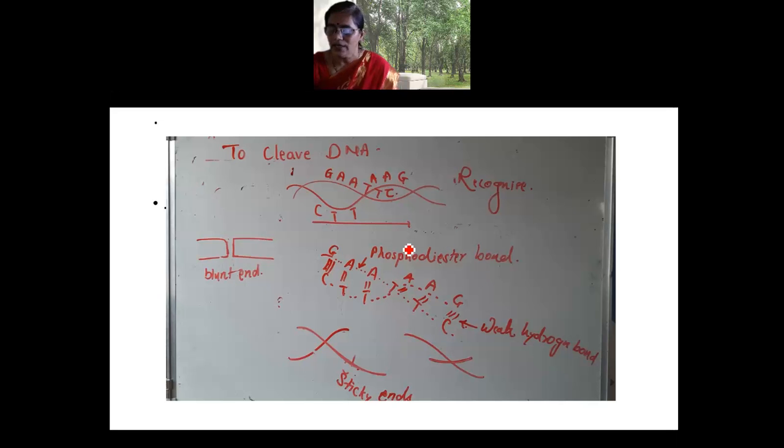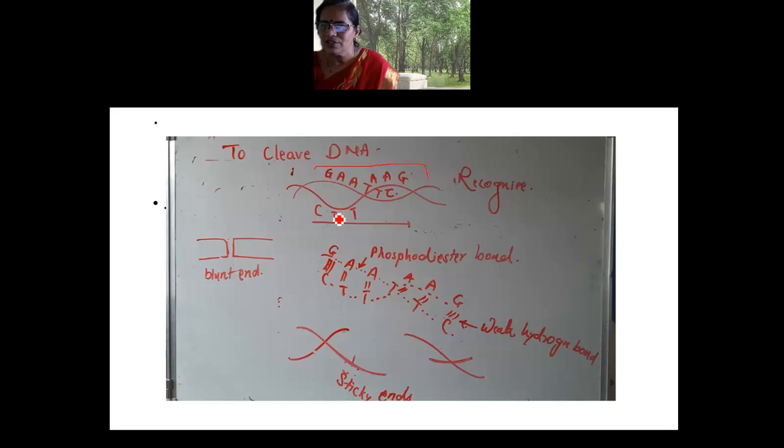Then how does that endonuclease enzyme cut the DNA? That is called the cleavage pattern. How is the DNA cut by the endonuclease enzyme? Suppose this one is the palindrome GAATTC, and on the other strand the complementary CTTAAG. These are the different complementary nucleotides present on the two strands. Firstly, whenever the enzyme is applied, it recognizes the recognition sequence.